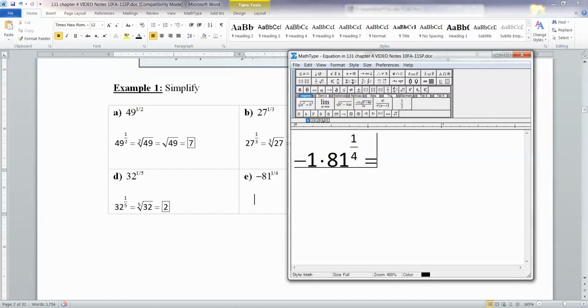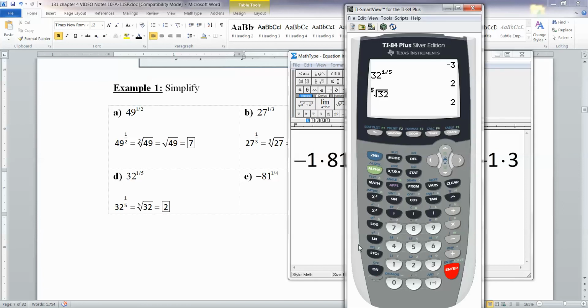So this is really negative 1 times, now 81 to the 1/4 is what you need to figure. So you could do, it's really the 4th root of 81, if you want to think of it that way. So that's negative 1, if you will, times 3. 4th root of 81 is 3, if you don't believe me.